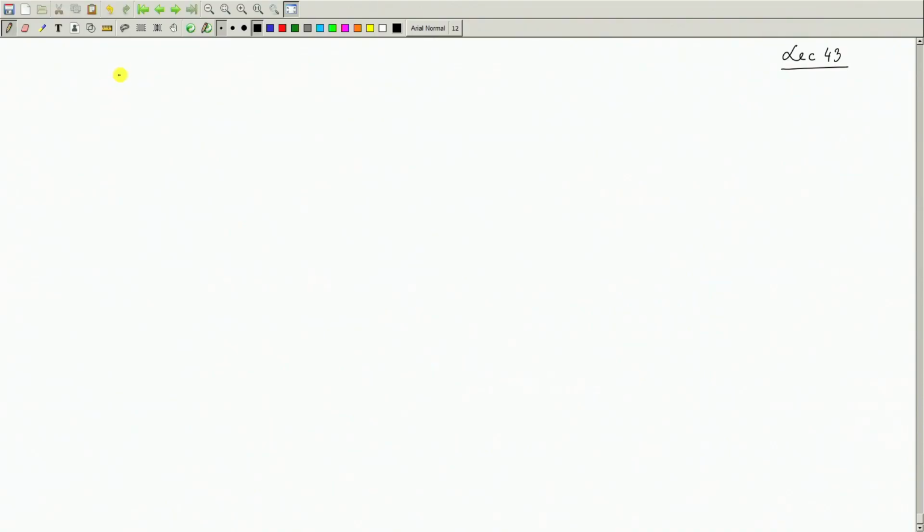Like the unit step function, which is like this. This is u(t). Then I told you about the unit impulse function. This is delta(t).